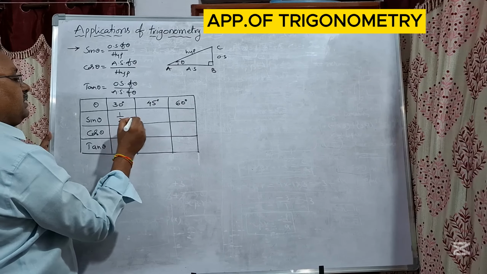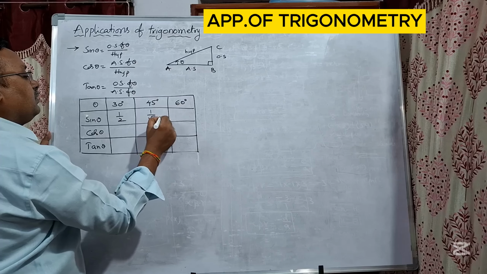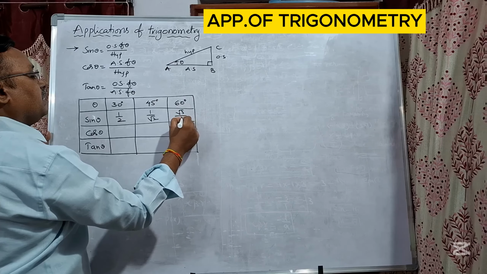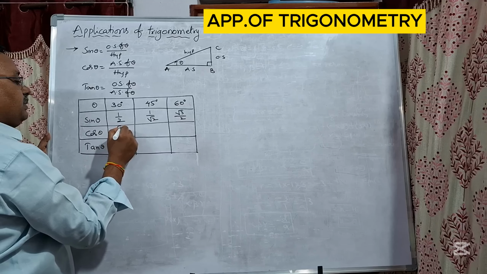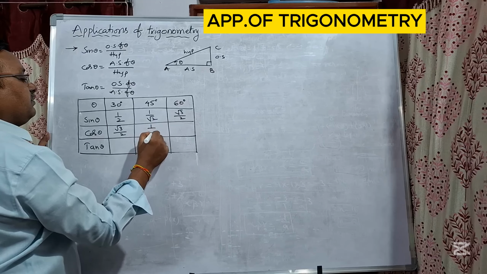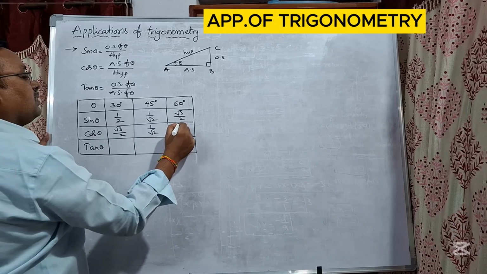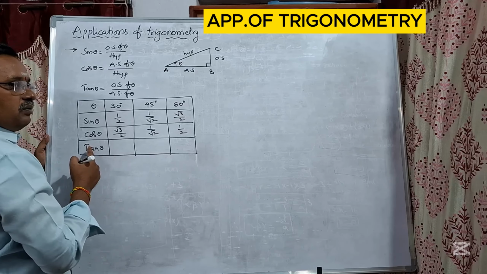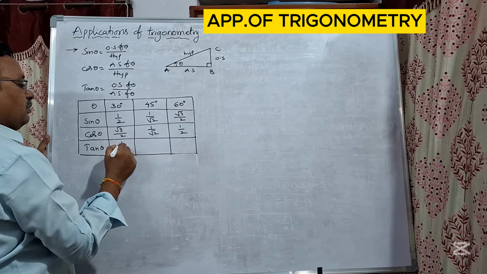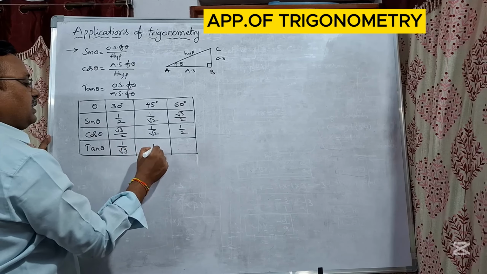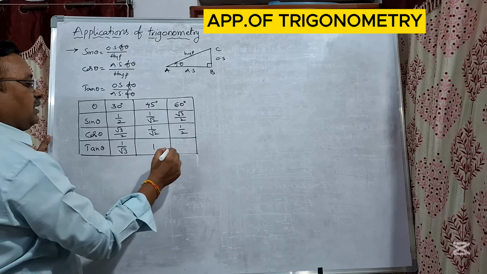Sin 30 is 1 by 2, sin 45 is 1 by root 2, sin 60 is root 3 by 2, whereas cos 30 is root 3 by 2, cos 45 is 1 by root 2, cos 60 is 1 by 2, whereas tan 30 is 1 by root 3, tan 45 is 1, and lastly tan 60 is root 3. These specific angle values we will apply from trigonometry.